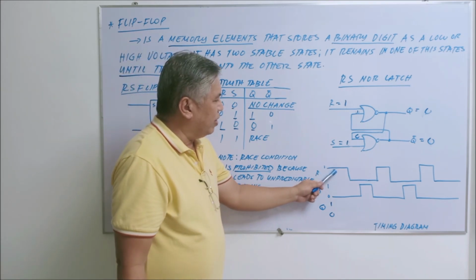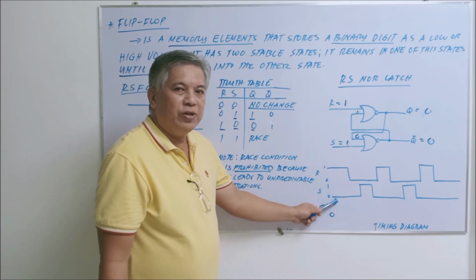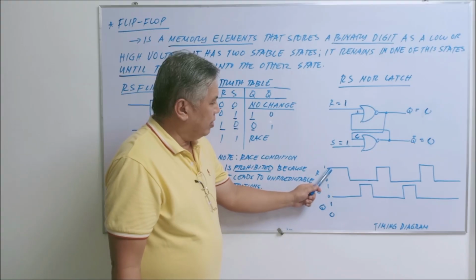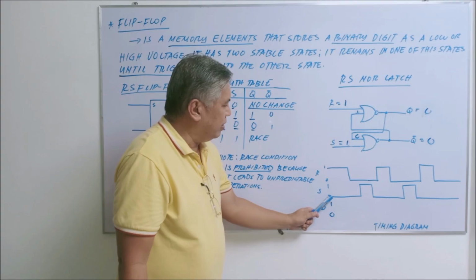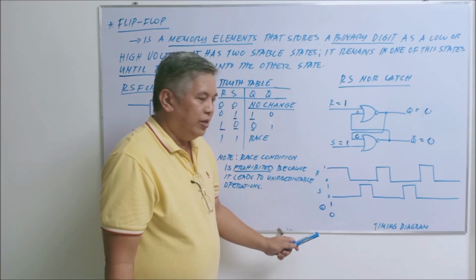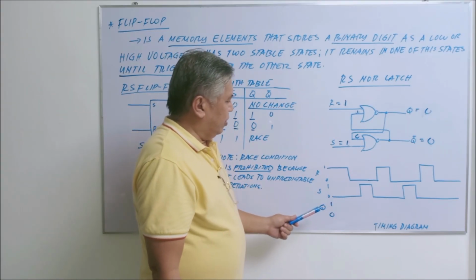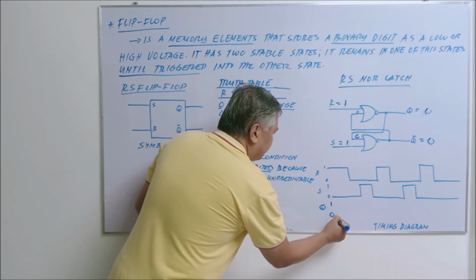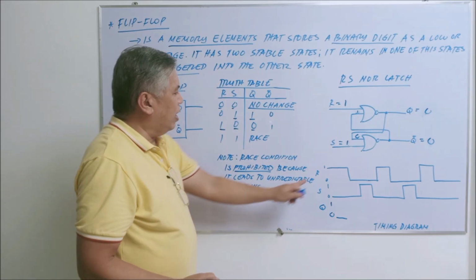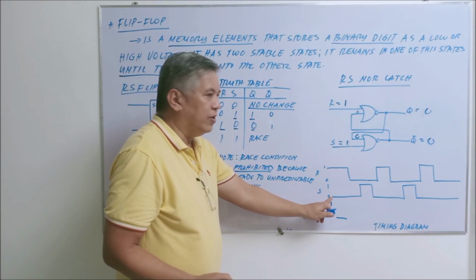These are the values of your R and these are the values of your S. So in this particular area, you have R is equal to 1 and here S is 0. Okay? So we start at 0, for example. R is 1, S is 0.